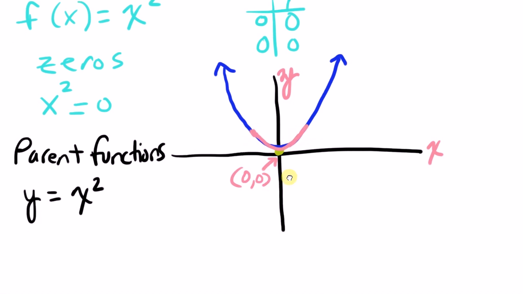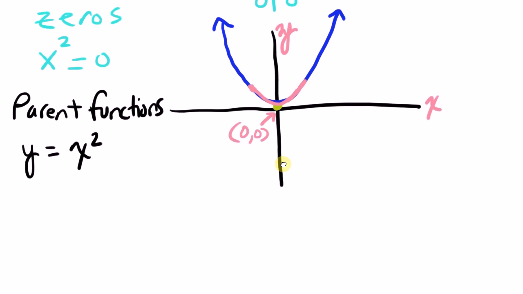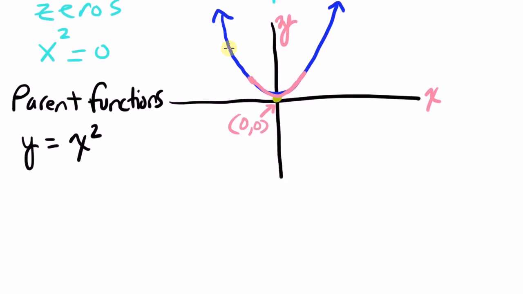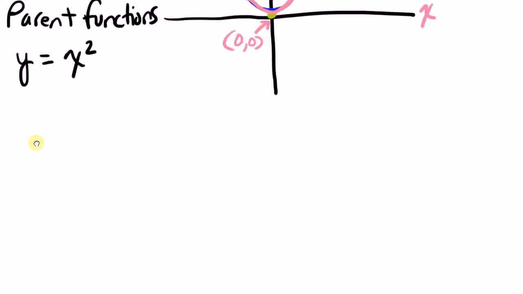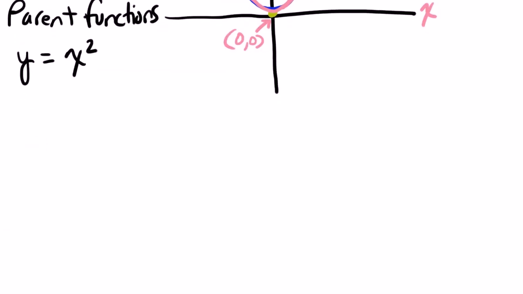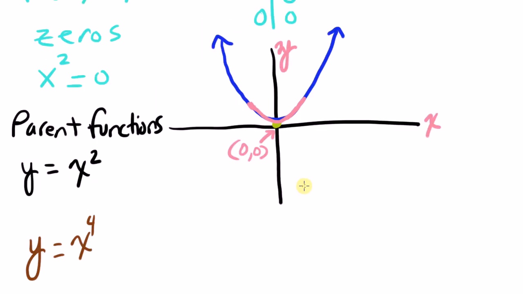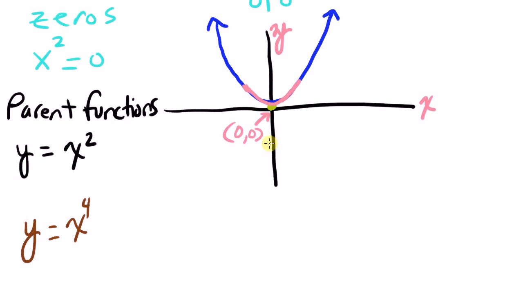But all of your squared functions are going to have this look and this shape. So graphing something like x to the fourth. So y equals x to the fourth, and let's graph it right on top of this thing. What it's going to do is it's going to be more tubbed out.